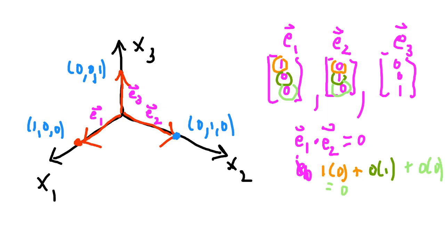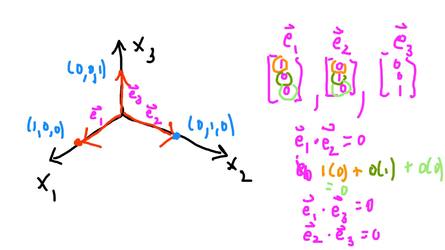You learned how to do a dot product, or an inner product, as they call it, in section 6.1. The dot product of all pairs of these vectors is equal to 0.